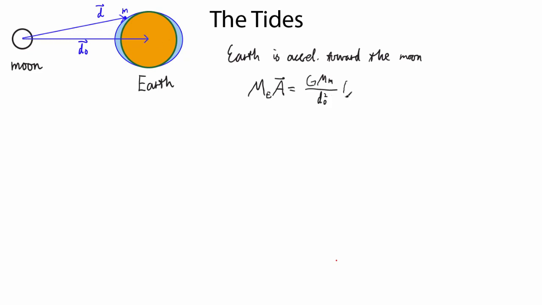That's the distance between the moon and the Earth. And the acceleration is in the negative d0 hat direction. That is in the opposite direction than the d0 points. Let's use consistent notation here for the masses. So that's the mass of the Earth and the mass of the moon. Okay, so that gives us then that the acceleration is given by this.